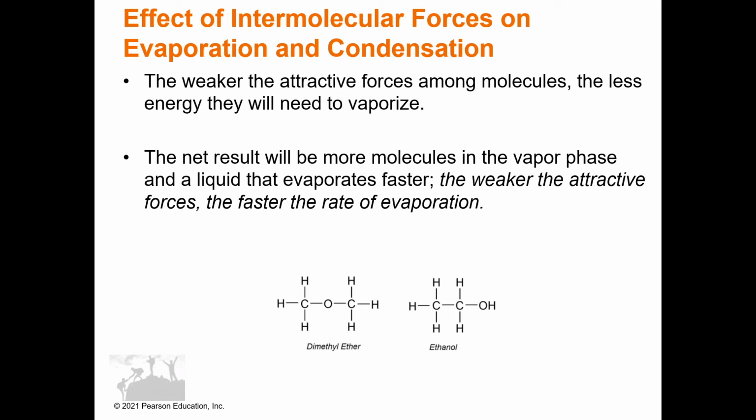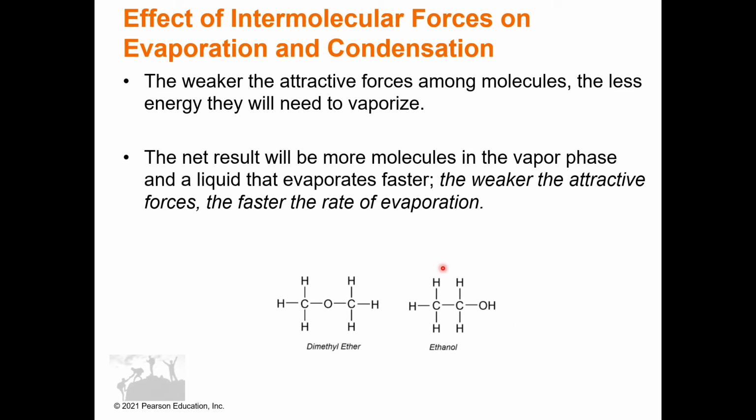Those with weaker intermolecular forces are the ones that are going to have the lower boiling points, and so they're the ones that are going to evaporate the fastest. So here we have dimethyl ether and ethanol. They have the same chemical formula, same molar mass, they are isomers.